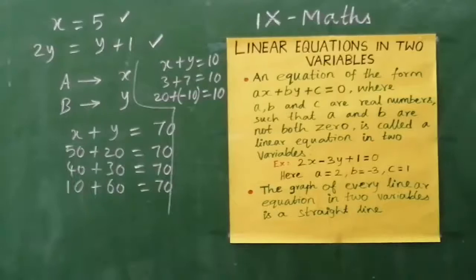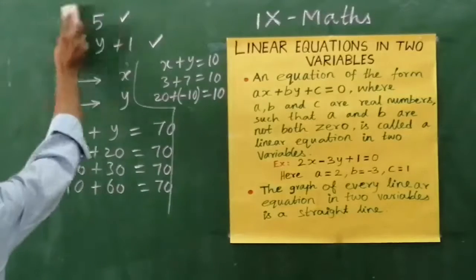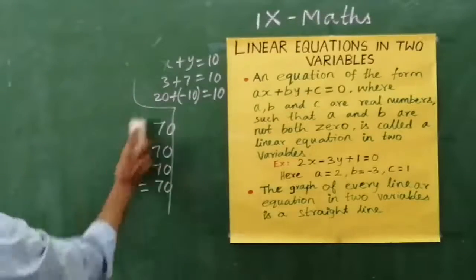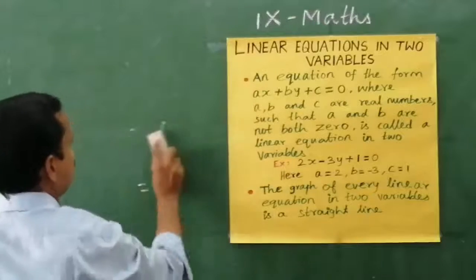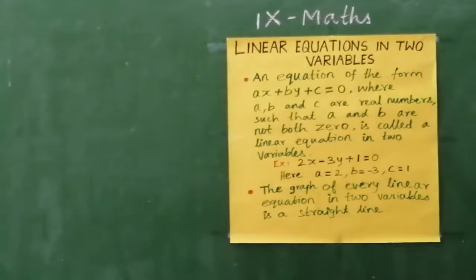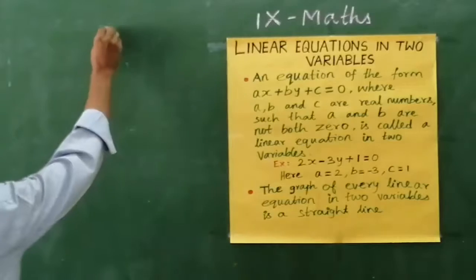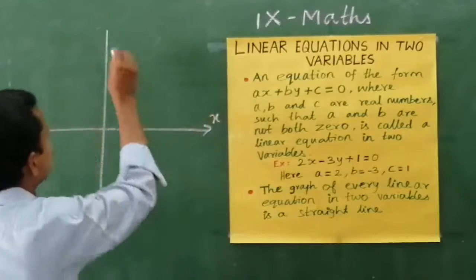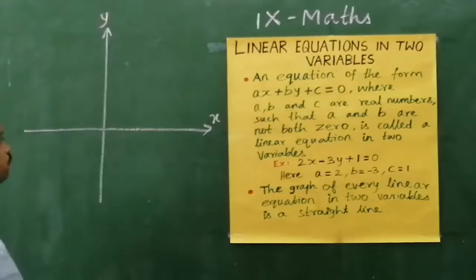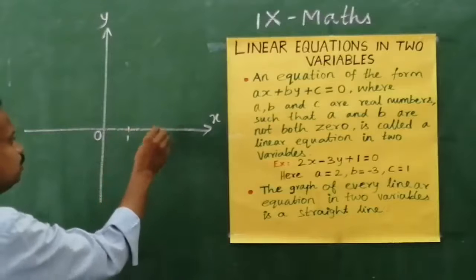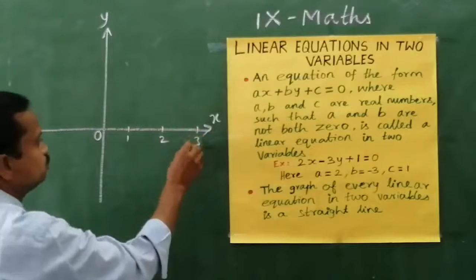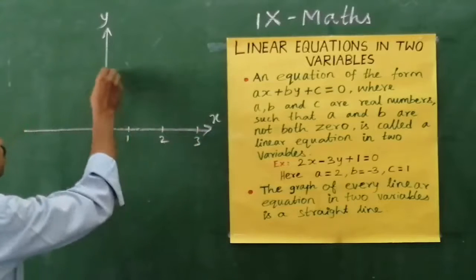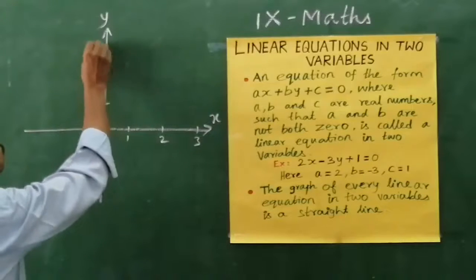We will see how now. It is x and this is y, 0, okay. This is 1, this is 2 and this is 3, and you take this is 1 and this is 2 and this is 3.